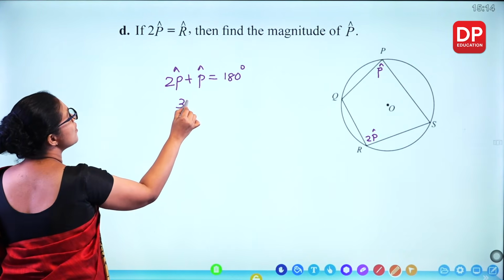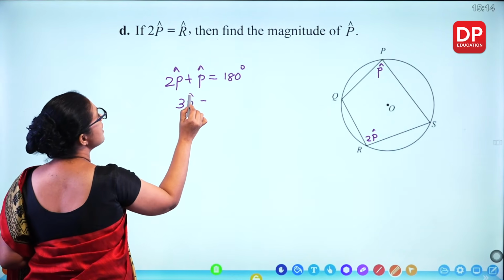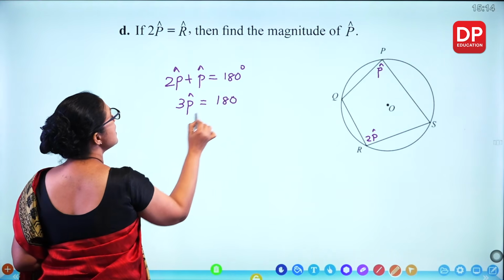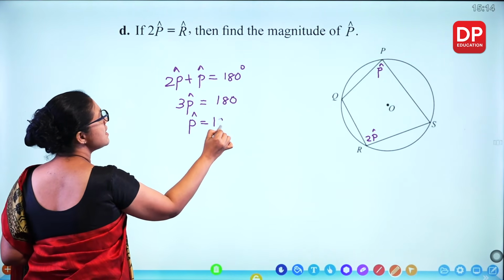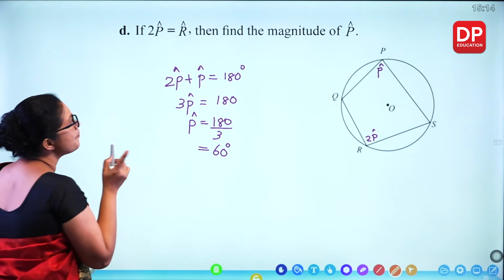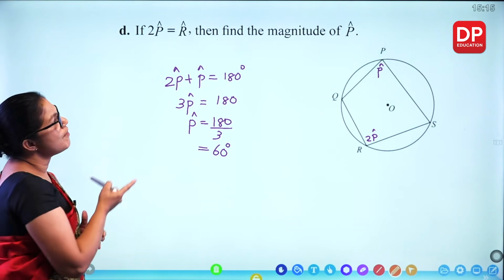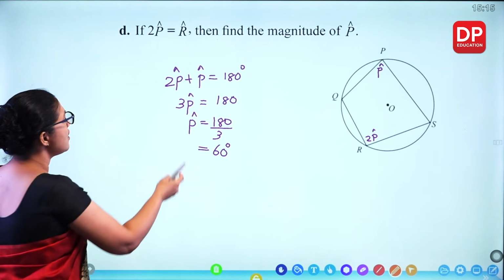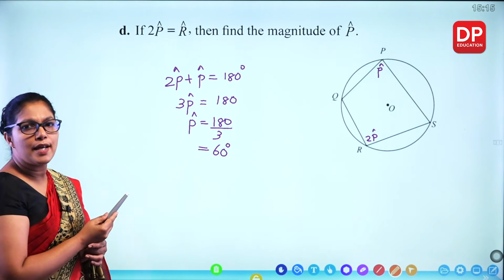You can find out 3P. 3P equals 180. P equals 180 divided by 3. You get 60 degrees. So they are asking find the magnitude of P. If you are asked to find out R, just multiply this by 2.